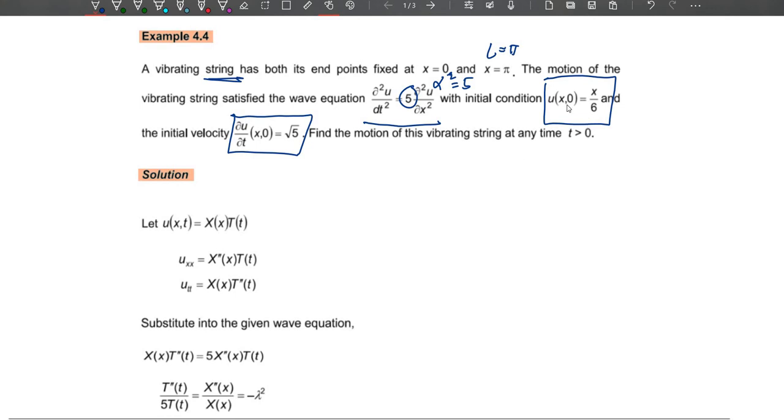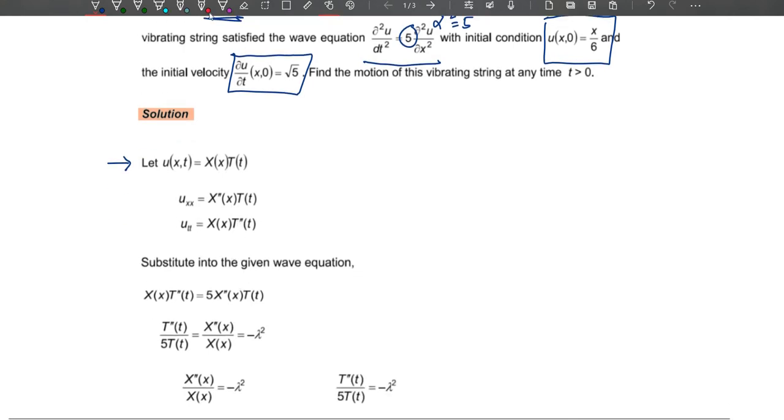The first thing that you need to do for the solution is to let u(x,t) equal to X(x) T(t). Therefore, u_xx equal to X''(x) T(t), and u_tt is equal to X(x) T''(t).